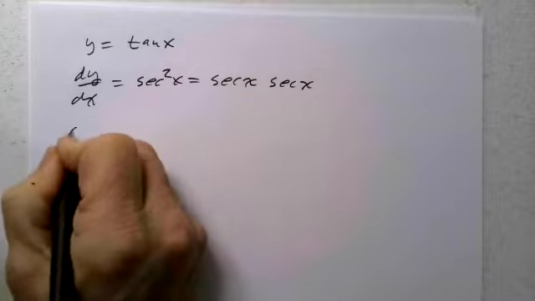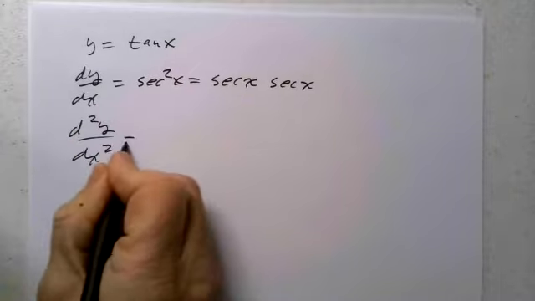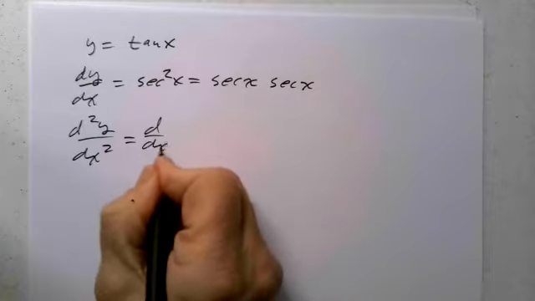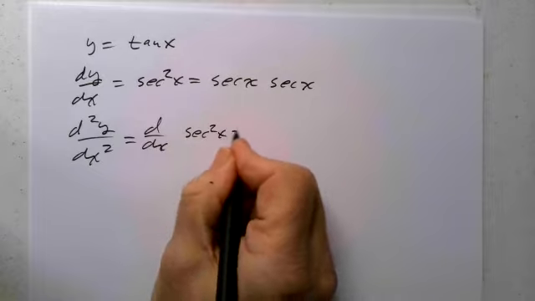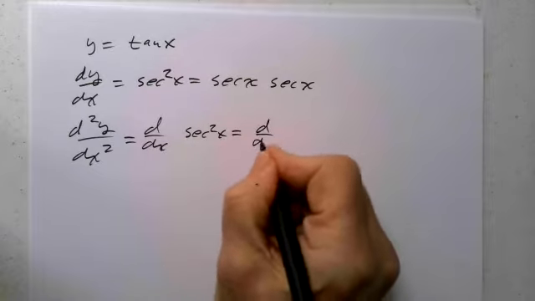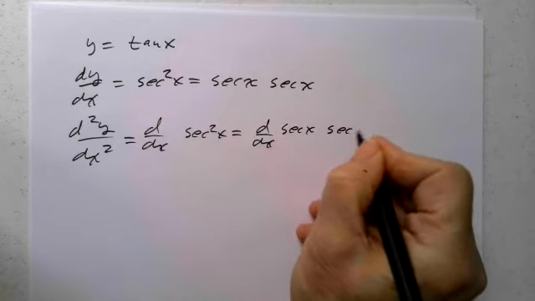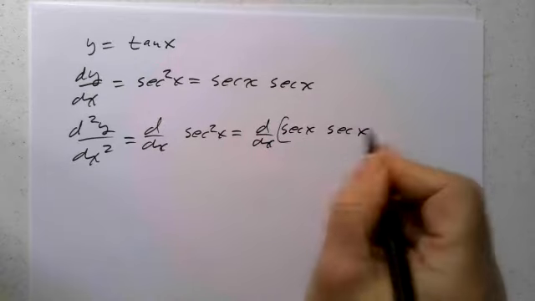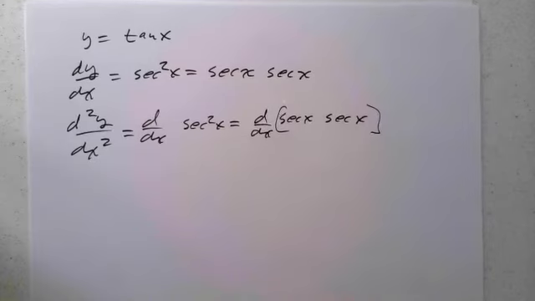What would that be? So d2y dx2 would be the derivative of secant squared x, which is the derivative of, if we're going to use the product rule, sec x times sec x. To do that, let's call u sec x and let's call v sec x and see what we get.